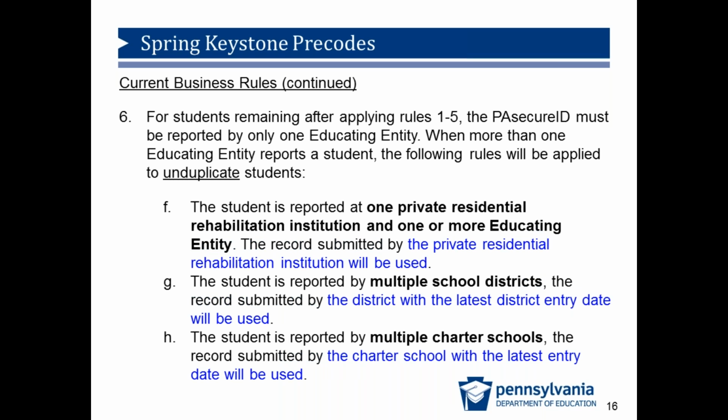Continuing with Business Rule 6 for unduplicating student records. 6F explains that if a student is reported by a PRRI and one or more educating entity, then the PRRI will receive the record for Precode labels and online test session setup. 6G is if multiple school districts submit a record for the same student, then the district with the most recent district entry date will be used for Precode labels and online test setup sessions. 6H is if multiple charter schools submit a record for the same student, then the charter school with the most recent entry date will be used for Precode labels and online test setup sessions.